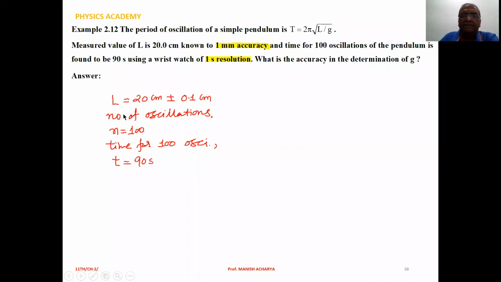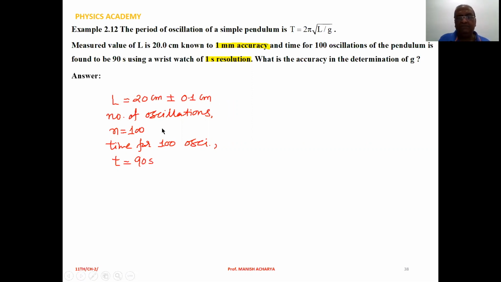Now see, the measured value of L is 20 centimeter, known to 1 millimeter accuracy. So 1 millimeter can be treated as its absolute error, that is 0.1 centimeter. So we can represent the length L of the pendulum equal to 20 centimeter, that is the true value of the measurement, plus or minus 0.1 centimeter, that is the absolute error in that measurement.